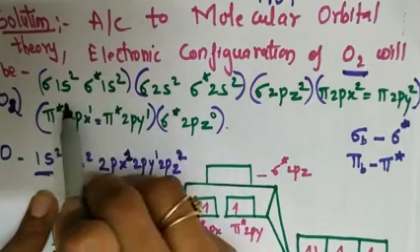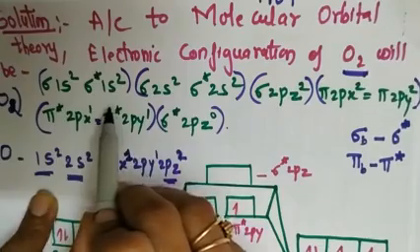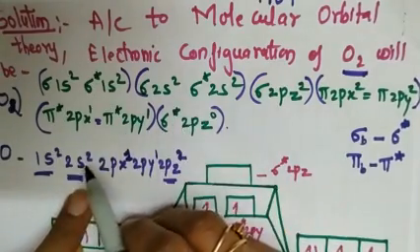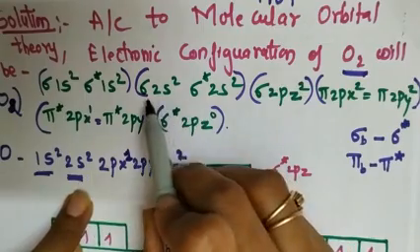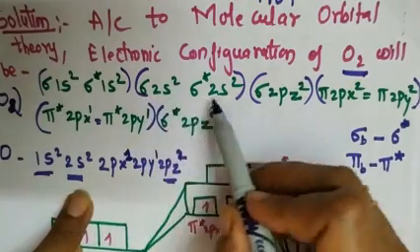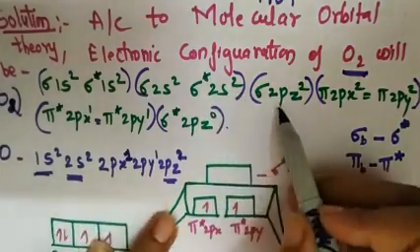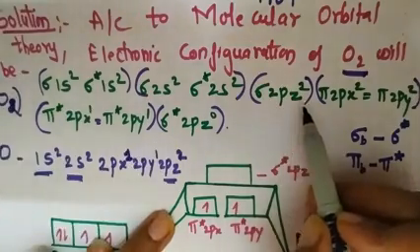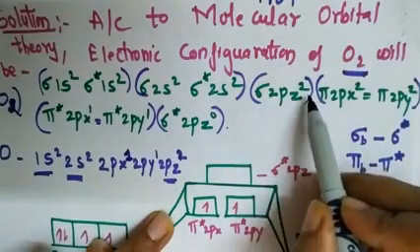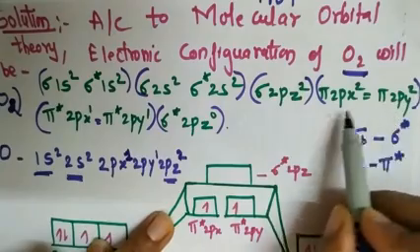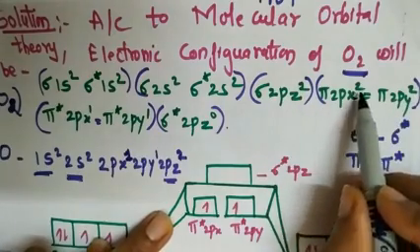Since it is an s orbital, only a sigma bond will be there. Then 2s2, also an s orbital, so it is sigma 2s2 and its antibonding sigma star 2s2. Then comes sigma 2pz2.